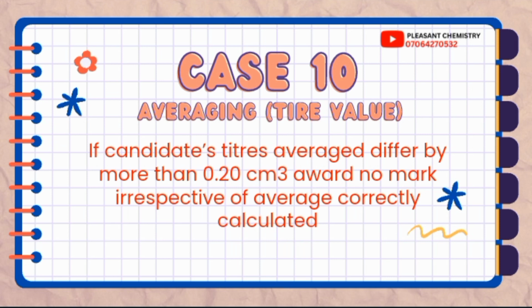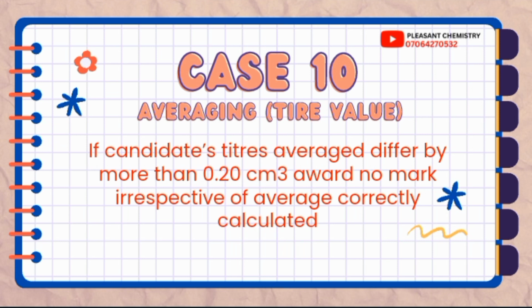That is what case 10 is trying to figure out. If the candidate's TITRE average differs by more than 0.20 centimeter cube, award no mark, irrespective of the average being correctly calculated.